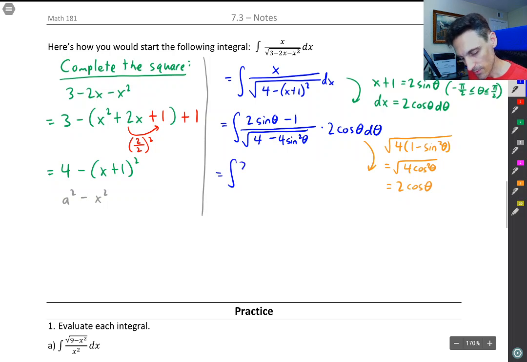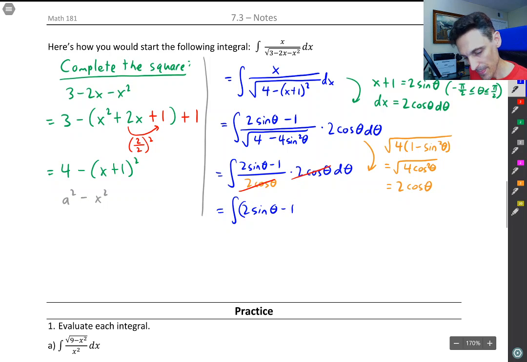So we get the integral of 2 sine theta minus 1 over 2 cosine theta times 2 cosine theta d theta. And this is great because the 2 cosine thetas cancel, and we get the integral of 2 sine theta minus 1 d theta.